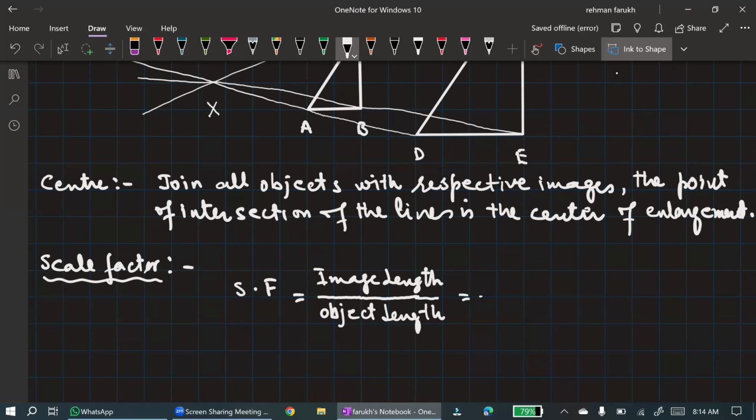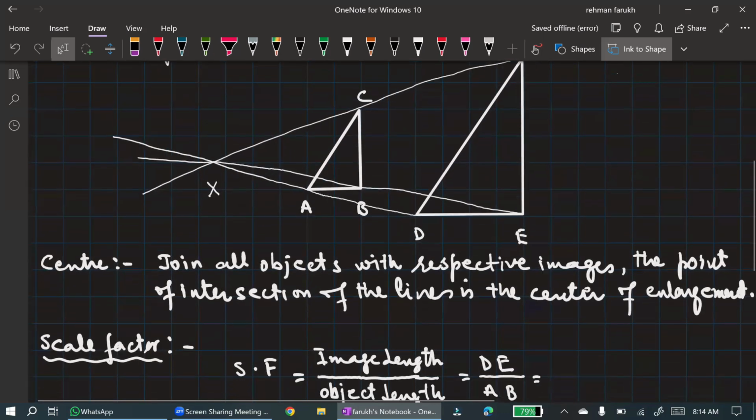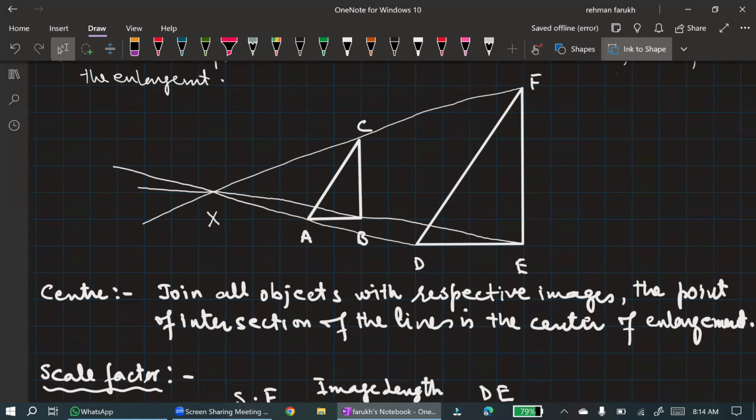In this case, the image length is DE and the object length is AB. If the image length is EF, then what's the object length?